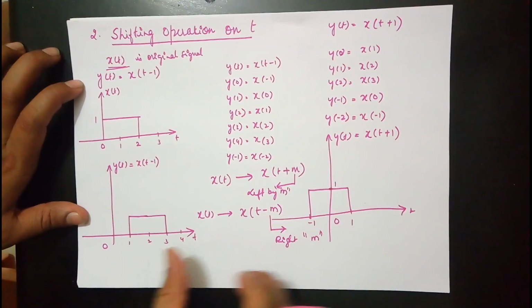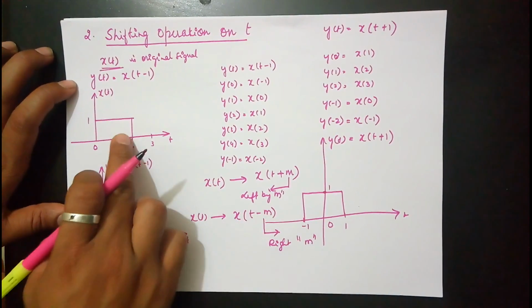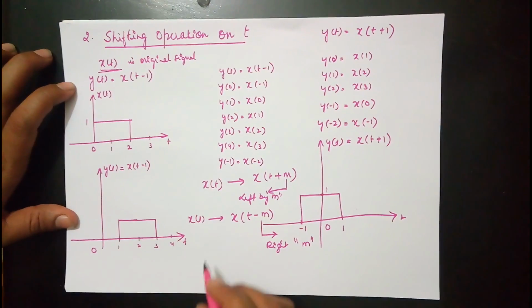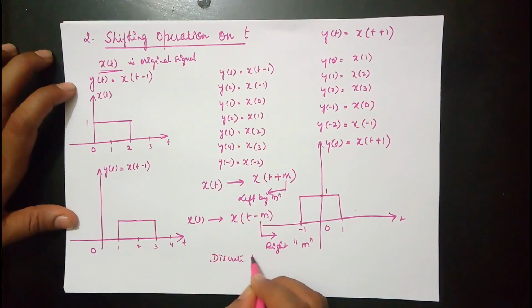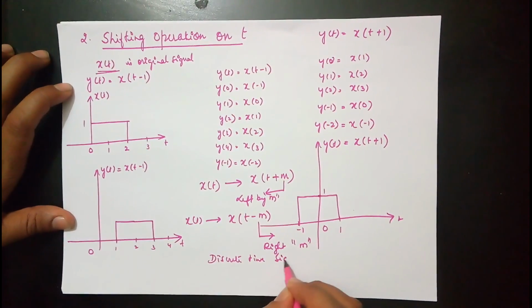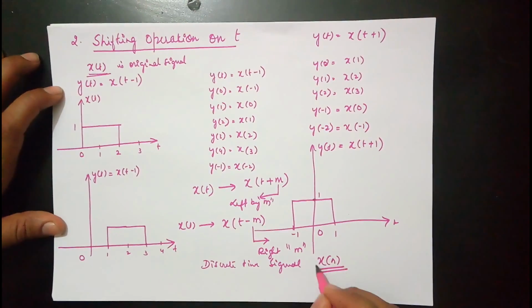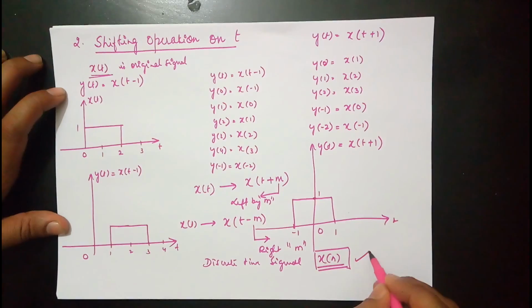M. Now this shifting of waveform I have taken for a continuous time signal, that is x of t. This shifting holds good for the discrete time signal as well. For a discrete time signal x of n, the same law holds good.